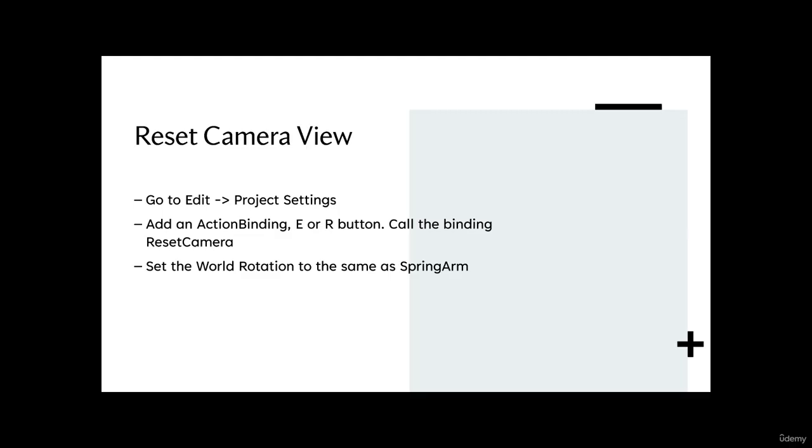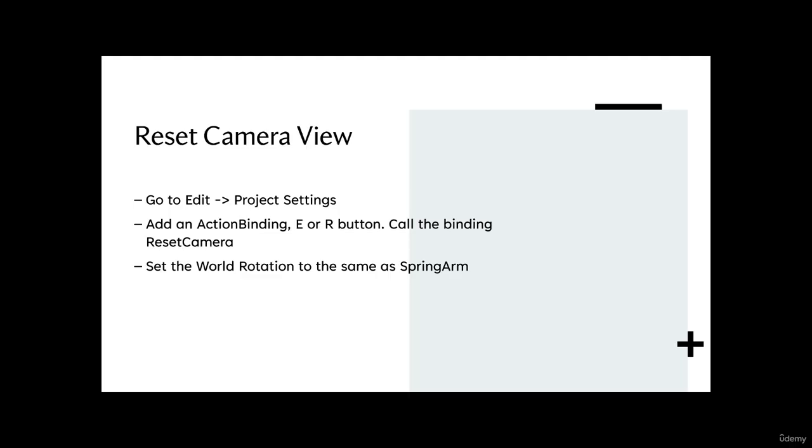If you look at the spring arm component, you will see it has an absolute rotation of -45. You need to set it to exactly the same rotation whenever we click this action binding or action button, either the E or R key. See if you can figure this one out yourself, and if not, we will do it together. So pause the video now, please, and give this a try.